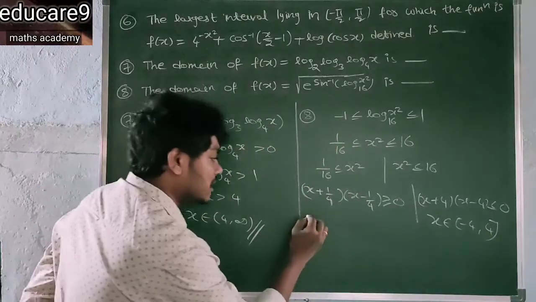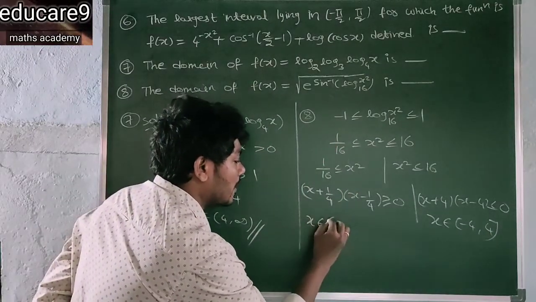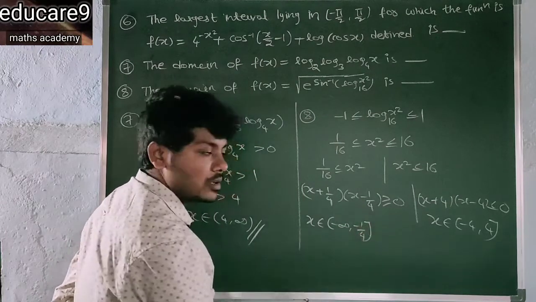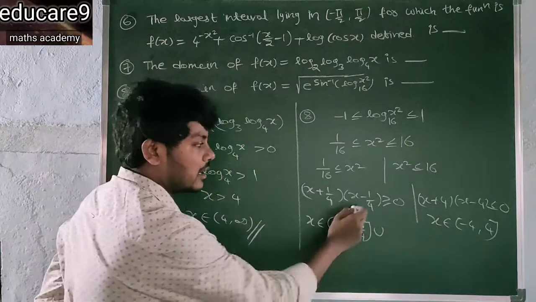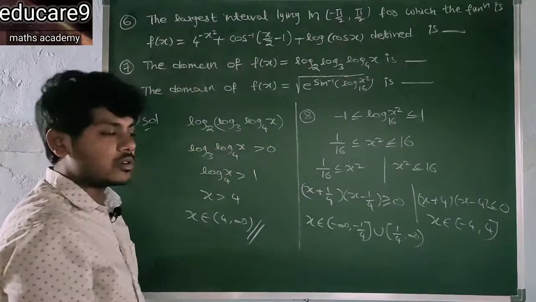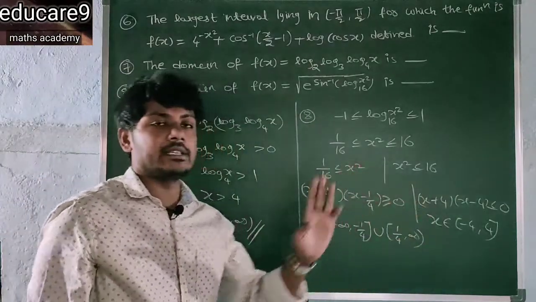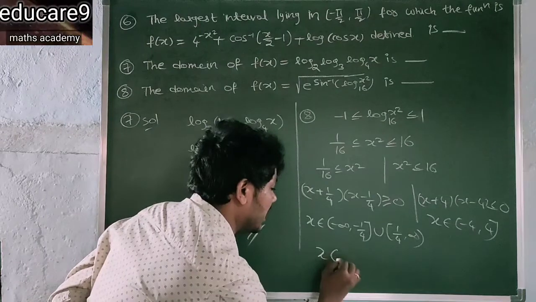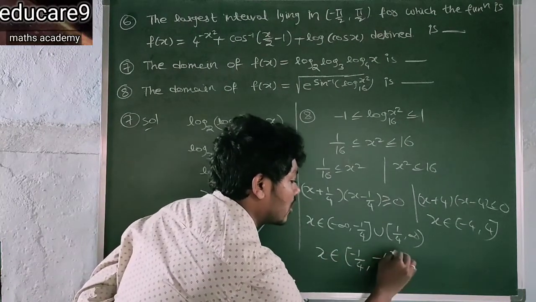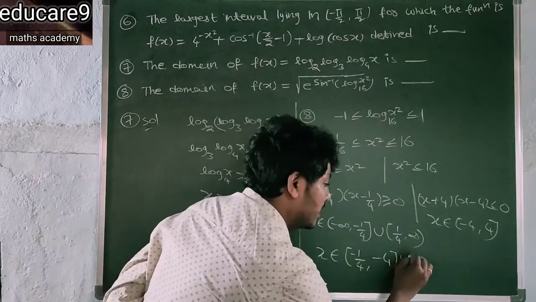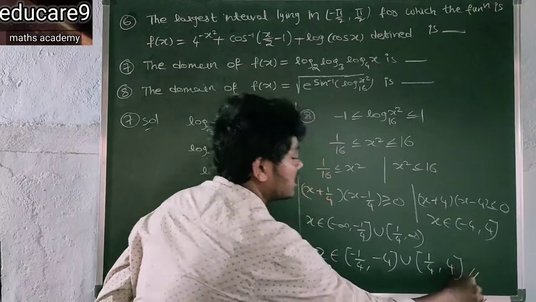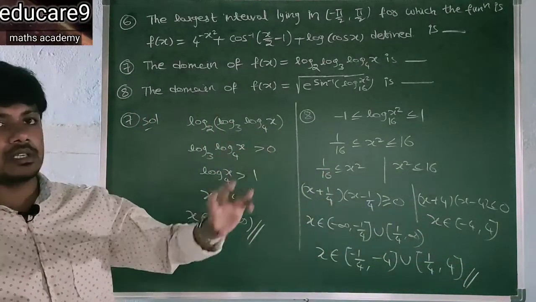And here x belongs to minus infinity comma minus 1 by 4 union 1 by 4 comma infinity. So clearly from these two conditions, x belongs to minus 4 comma minus 1 by 4 union 1 by 4 comma 4. This is the domain of the given function.